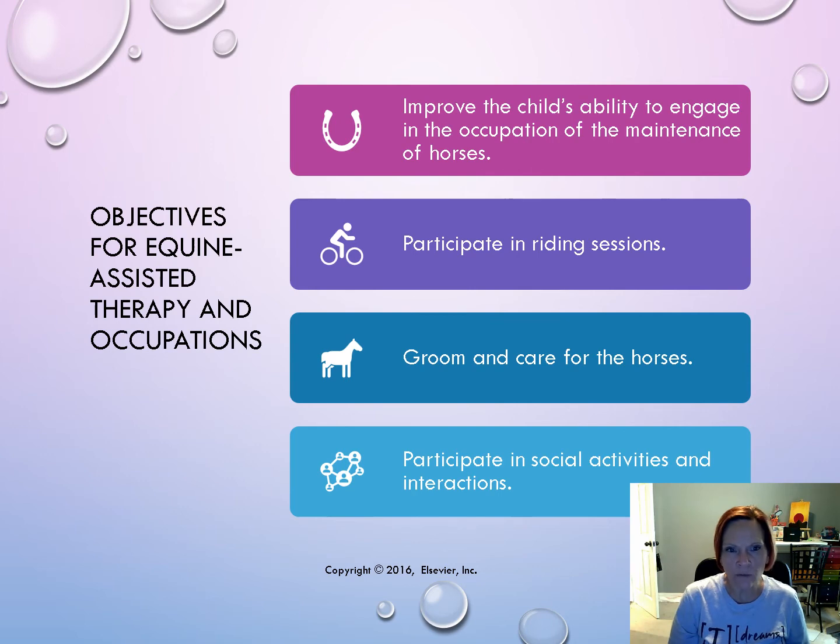So objectives for equine-assisted therapy and occupations: to improve the child's ability to engage in the occupation of the maintenance of horses, to participate in riding sessions, to groom and care for the horses, and to participate in social activities and interactions.